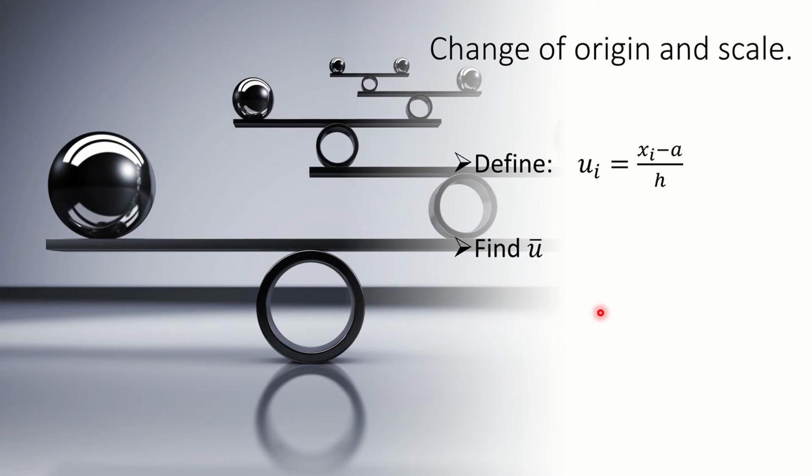You find u bar first, and then by this relation, x bar equals h u bar plus a. Now the question is, what should a and h be?